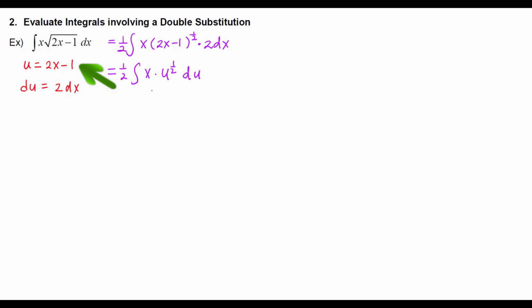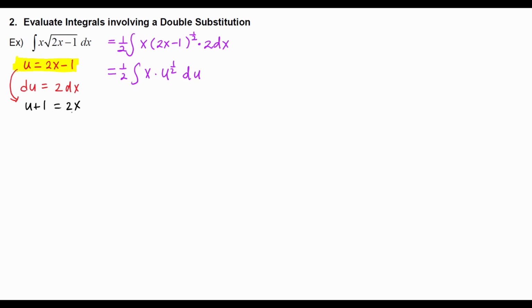Then what you do is you go back to your u, and then you want to solve that for x. That's easy, right? U equal to 2x minus 1. Can you solve that equation in terms of x? No problem. Add 1 to both sides, so I have u plus 1 equal to 2x.